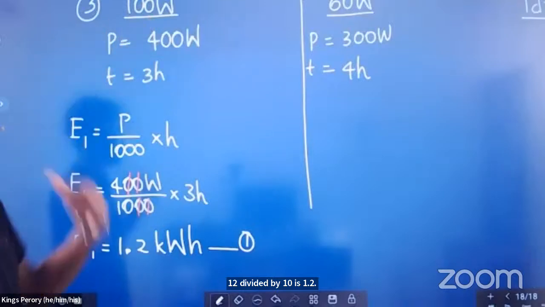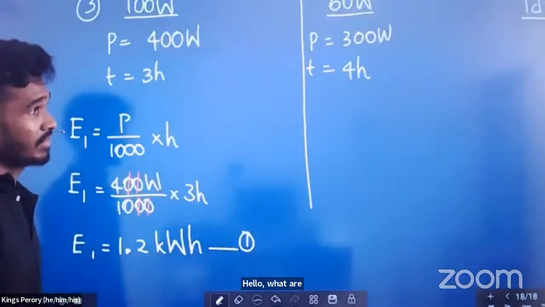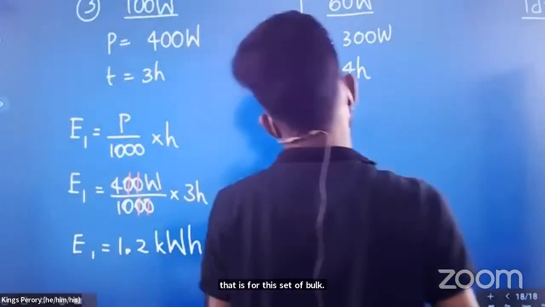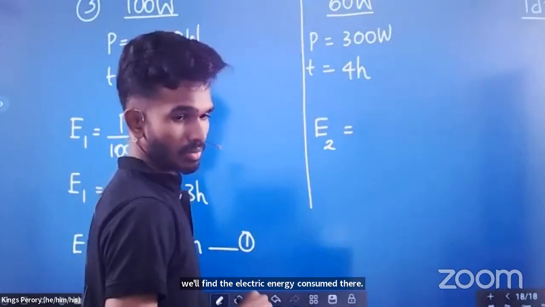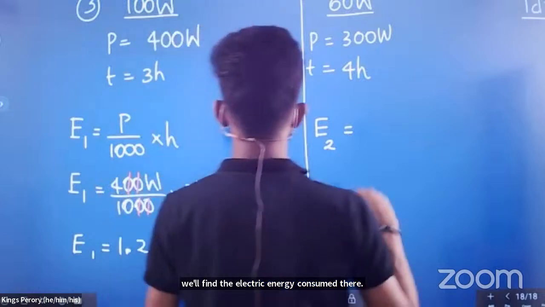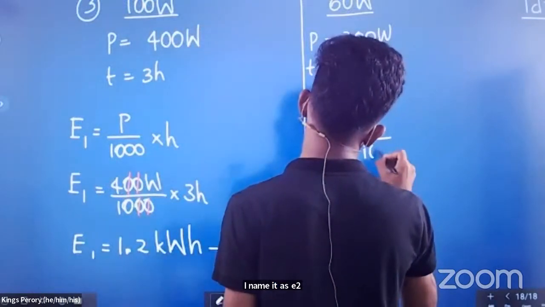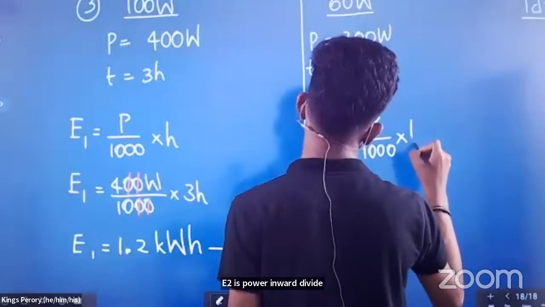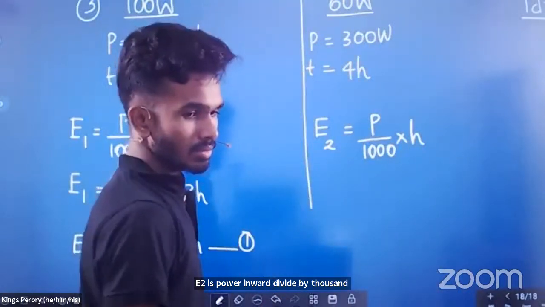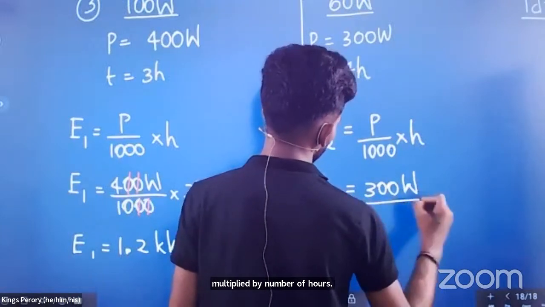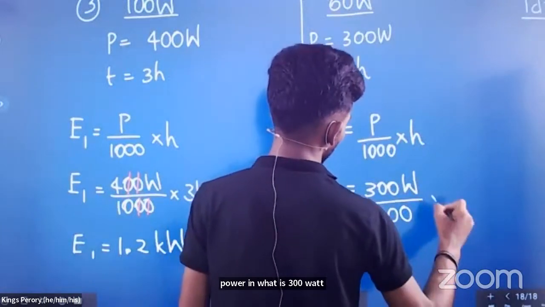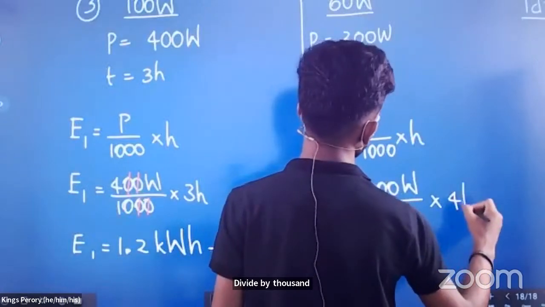That is for this set of bulbs. Not done. We have another set of bulbs. We'll find the electric energy consumed there. I name it as E2. E2 is power in watt divided by 1000 multiplied by number of hours. Power in watt is 300 watt, divided by 1000 multiplied by 4 hours.